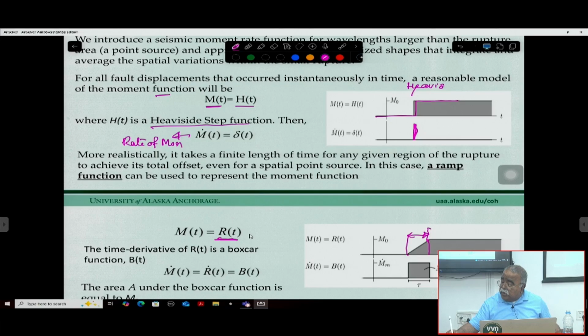That much time it will take to reach a constant value. So if I take M dot(t), the time derivative of this function, then this time derivative will be a box function. It will rise, then it will be this, and then it will be 0. So this tau is the width of the box.